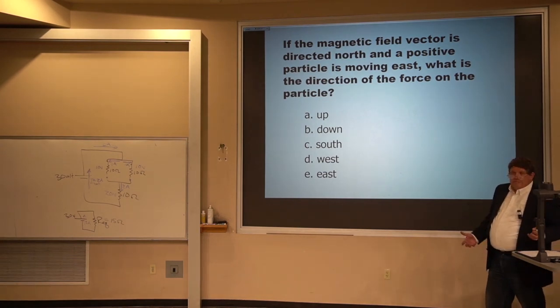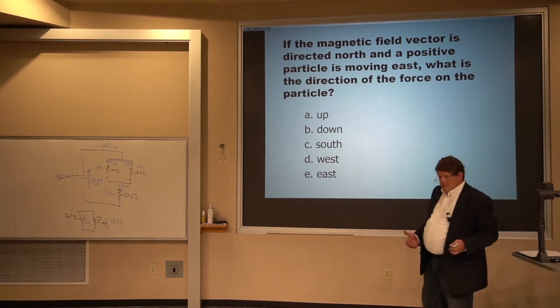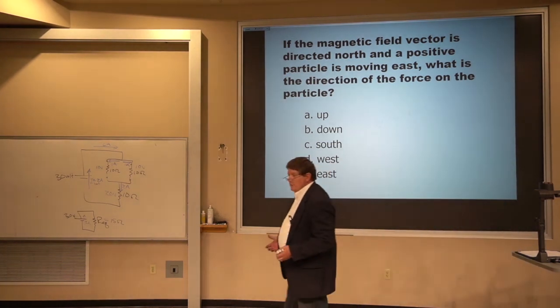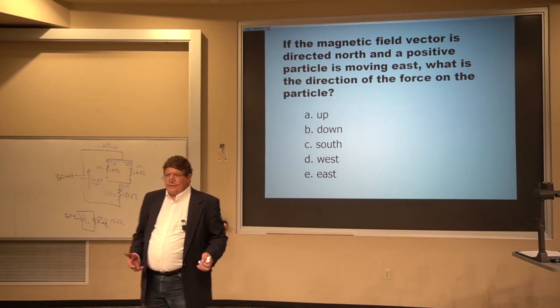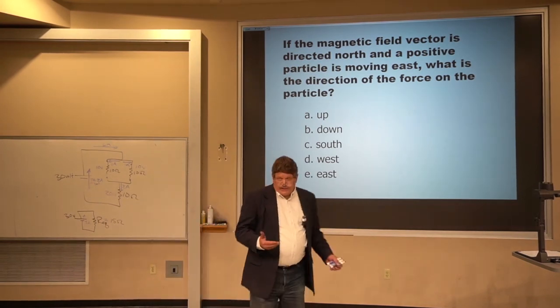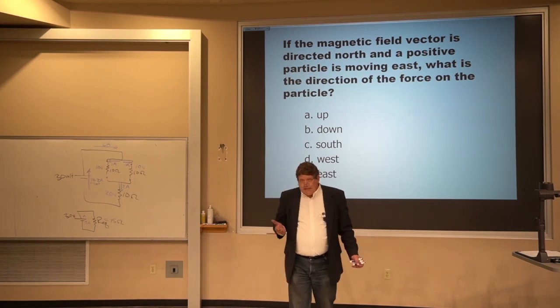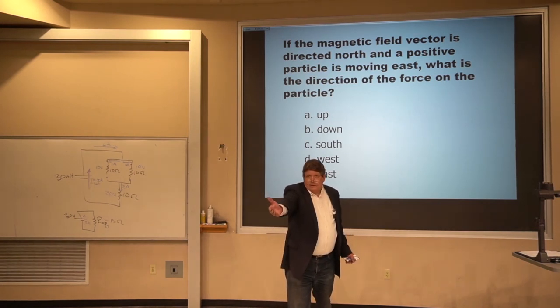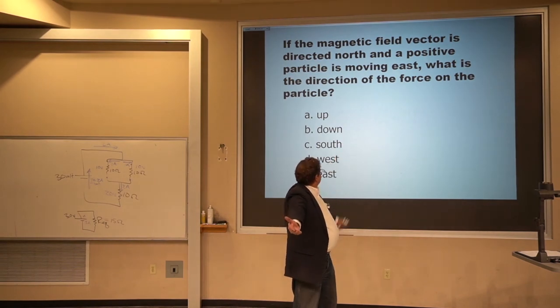So, if we're looking for a magnetic force, we always use right-hand rule number 1. And you remember, we reach in the direction of the motion. In this case, that motion is going east, or towards the back of the room. We're told that the magnetic field vector is directed north.